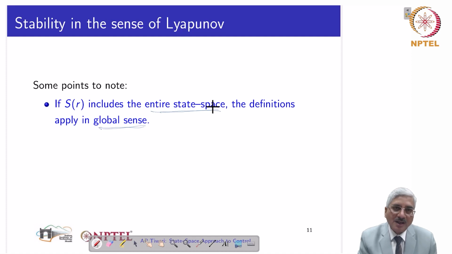So stable at large or asymptotically stable at large, these are in the global sense, if that SR is so large that it covers the entire state space.